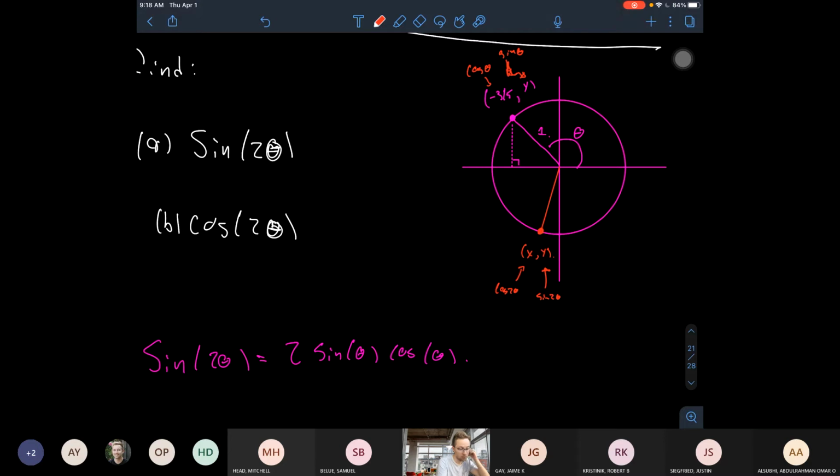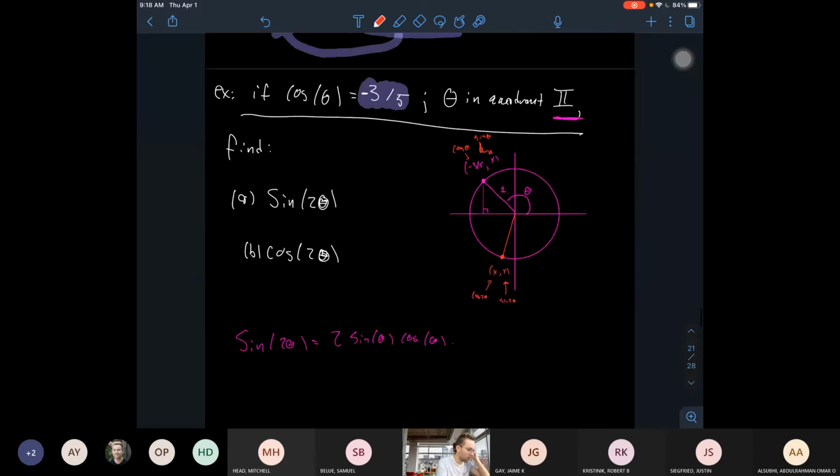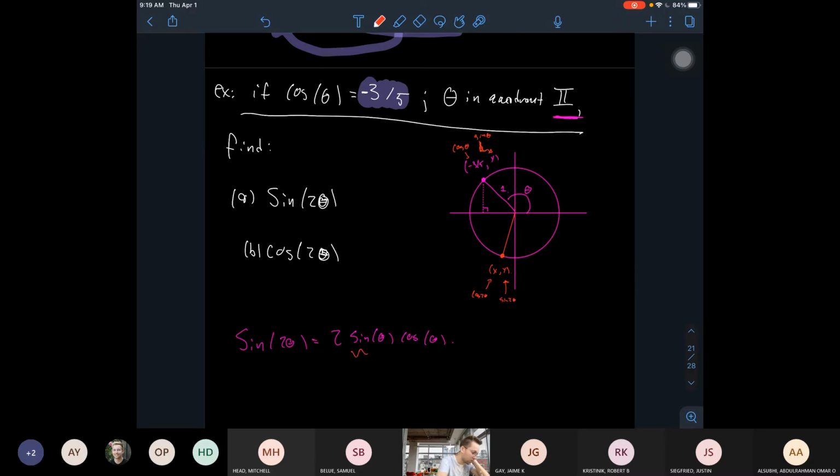This is the beauty of the double angle formulas. So if cosine theta is equal to -3/5 and theta is in quadrant 2, we're supposed to find sine of 2 theta and cosine of 2 theta. So far we know what cosine of theta is, but if we want to find out what sine of 2 theta is, we need to know both what sine of theta is and cosine of theta is. We know cosine of theta is -3/5, but we need to know what is sine of theta.